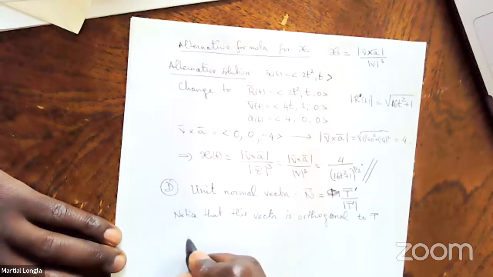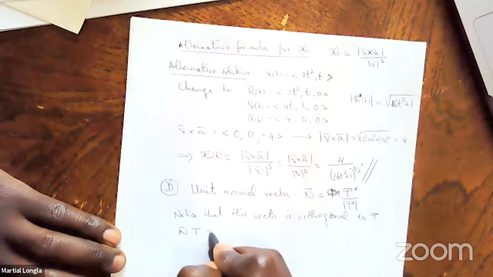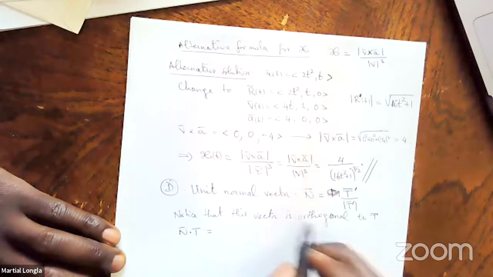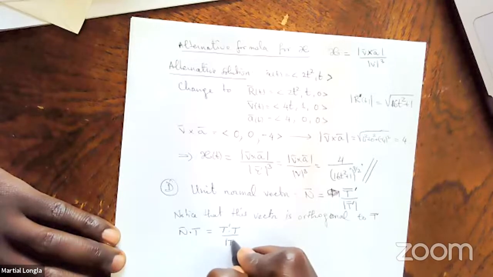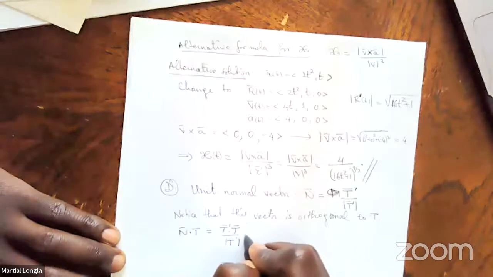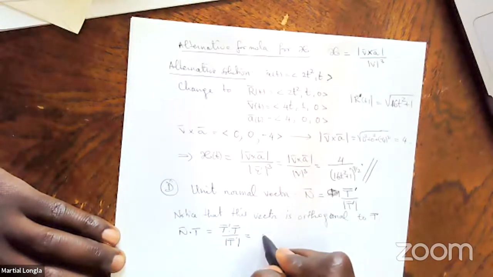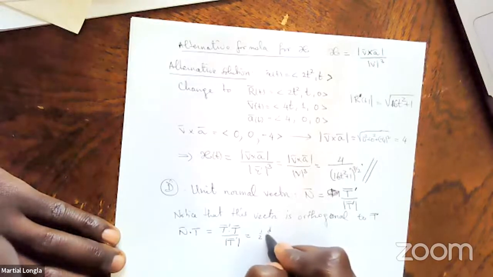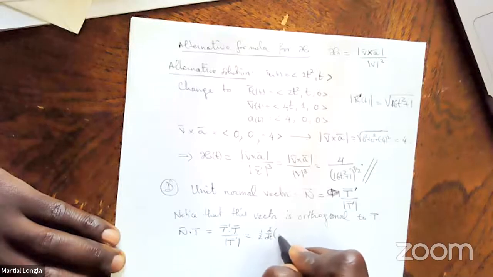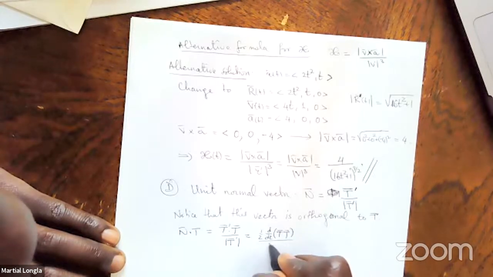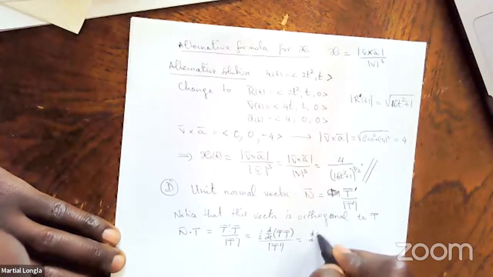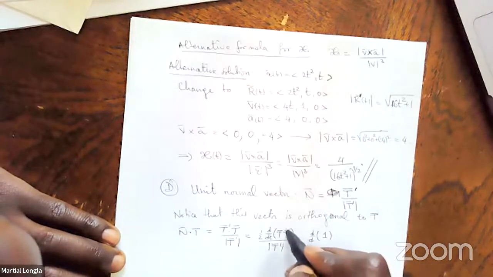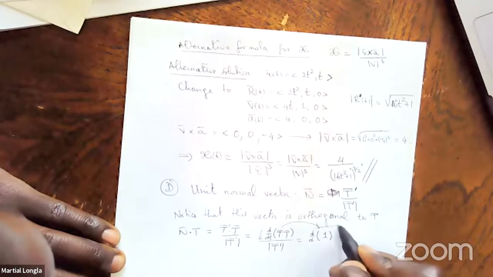Why is that? Because n dot t is equal to t prime dot t over magnitude of t prime, and this is 1/2 derivative with respect to t of t dot t divided by magnitude of t prime, and t dot t is 1 because t is a unit vector.